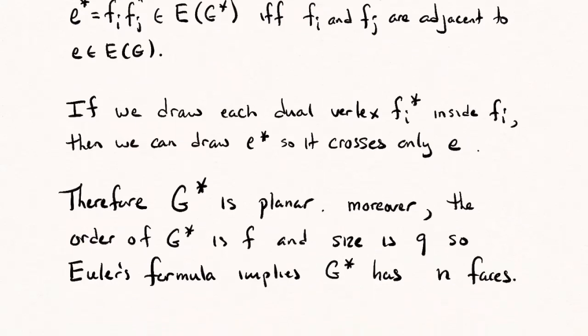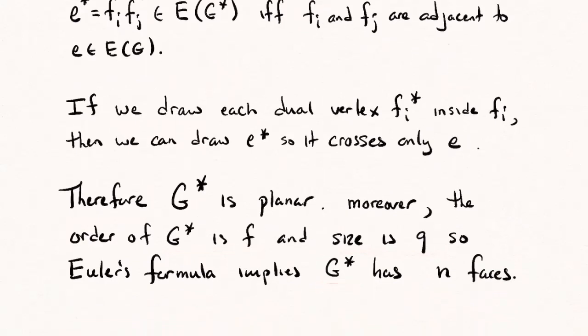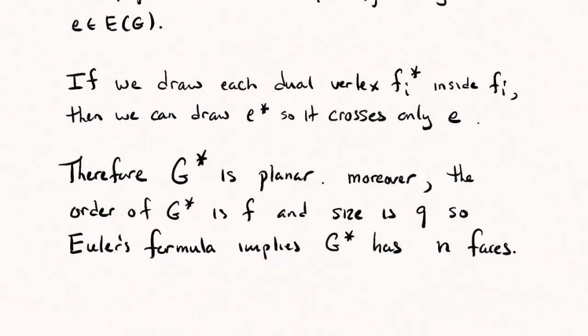By definition, the order of G star is the number of faces in G, it's f. The size is the exact same. The size of G star is the size of G. And because of that, Euler's formula says that G star has n faces. Right? Because Euler's formula, if I write it down here, you remember it says that n minus q plus f is equal to 2.